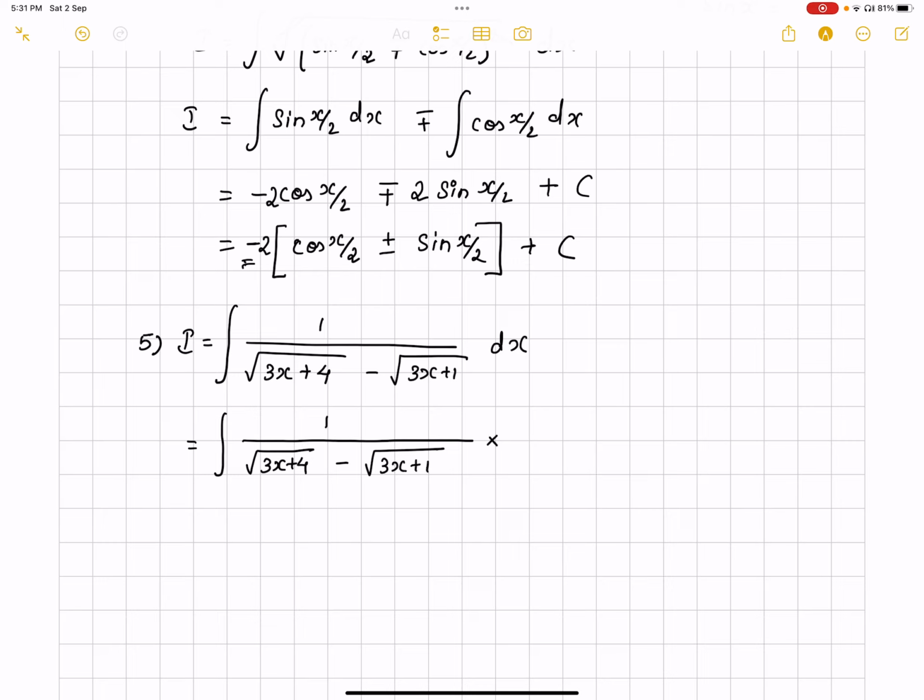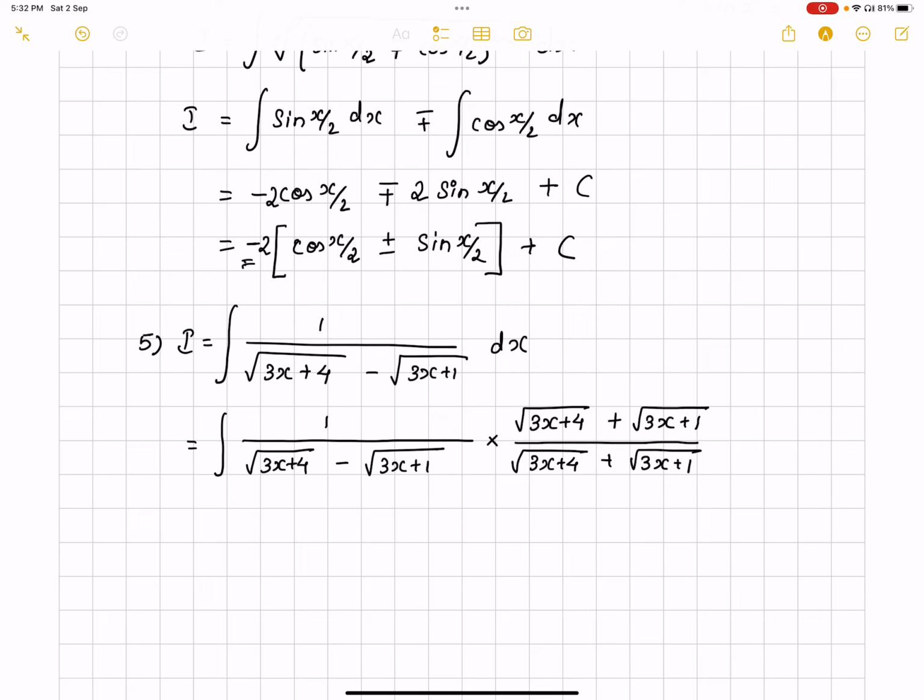I'm going to multiply with the same terms, whatever I have, but with a positive sign in between, as well as divide by the same thing: root of 3x plus 4 plus root of 3x plus 1.